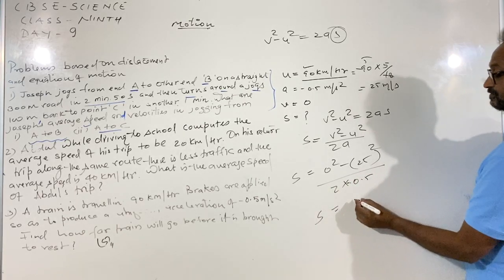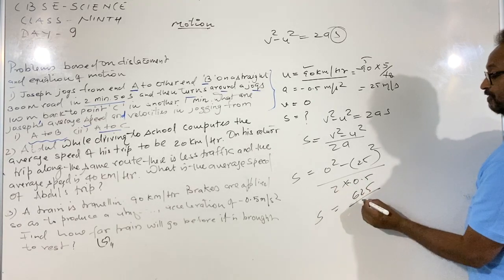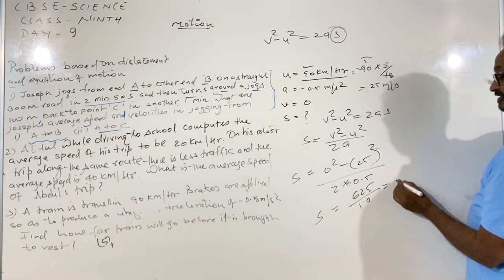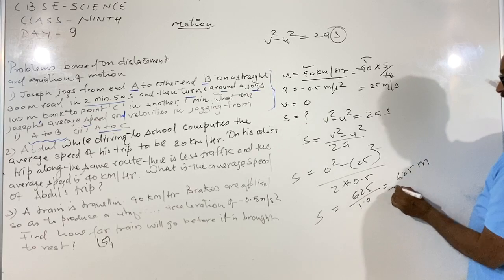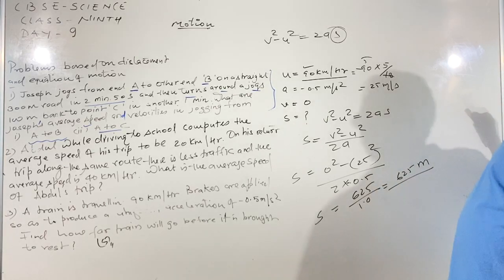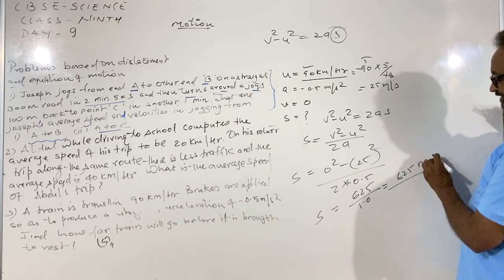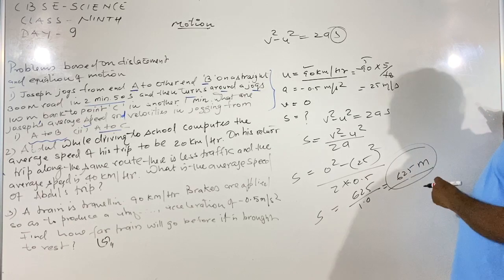So s is equal to 625 over 1.0, that is 625 meter. So when the brakes are applied, the train will come to the rest after covering a distance of 625 meter.